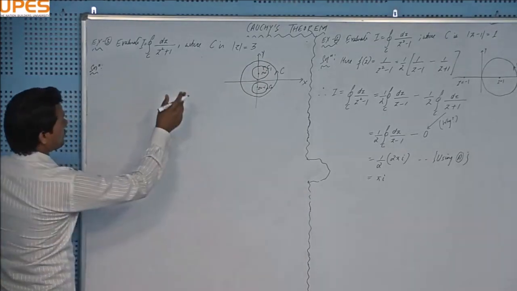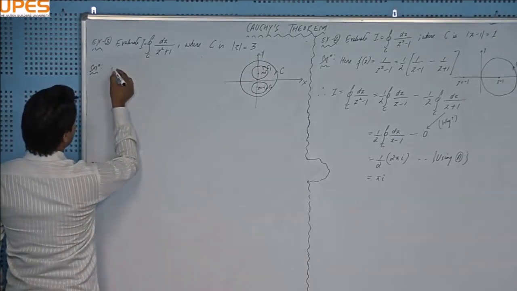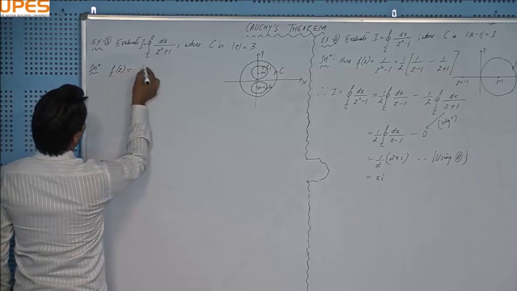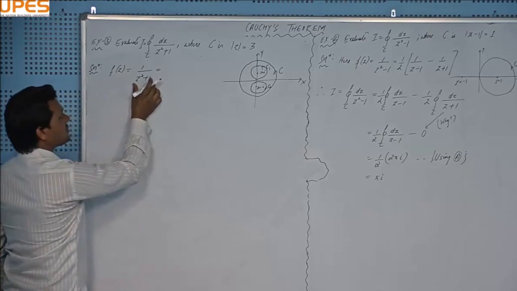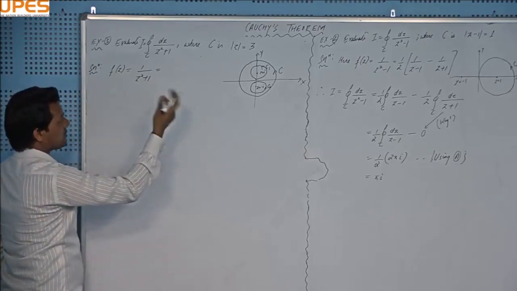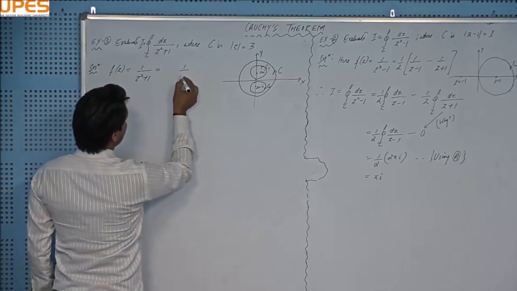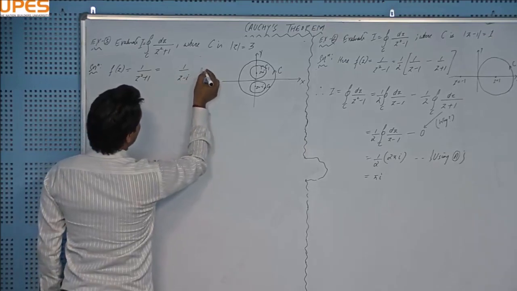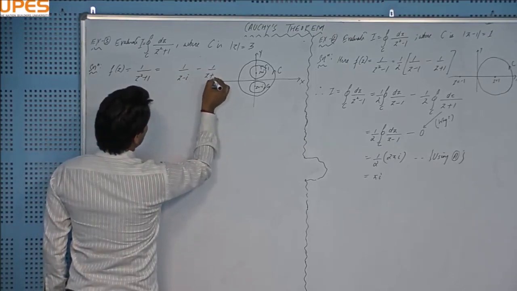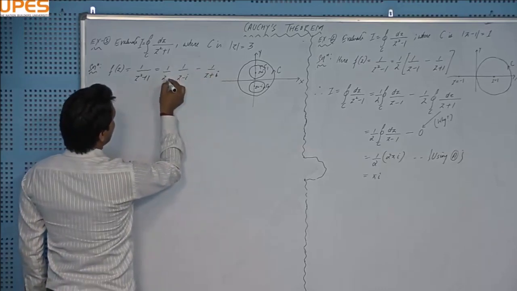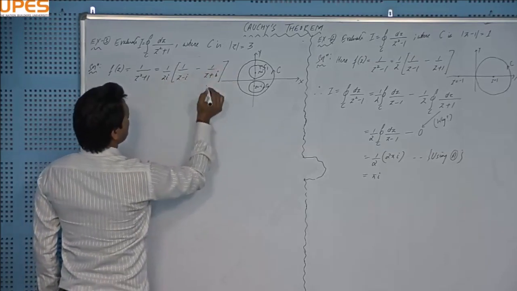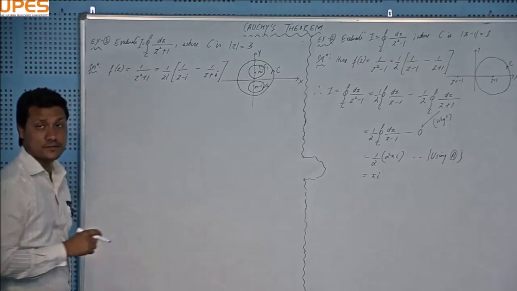Okay. So first I will write this f(z). f(z) equals 1 over z square plus 1, and since it is 1 over z plus i into z minus i, applying partial fractions, I will write it as 1 over z minus i, and here I should have minus 1 over z plus i, and on taking LCM I am getting 2i in the numerator, so 1 upon 2i should be the balancing factor, right? So this is by partial fractions.